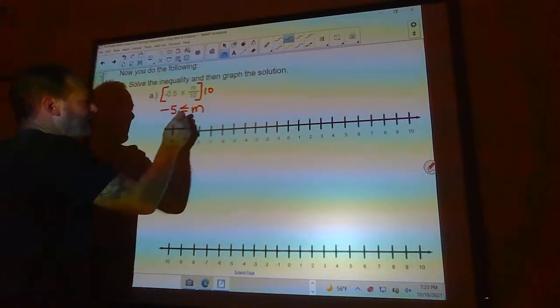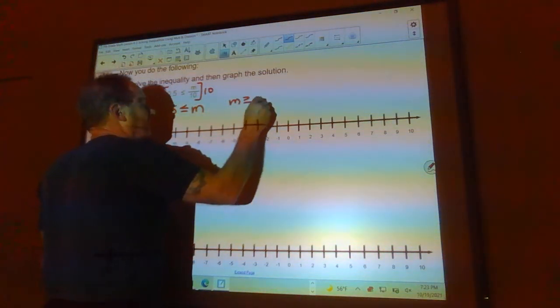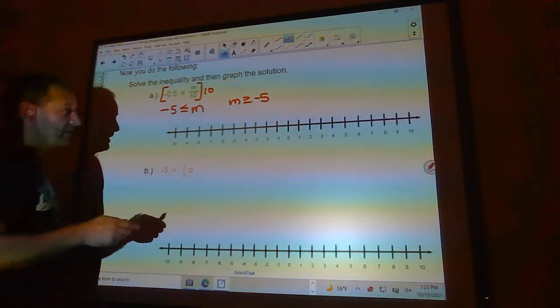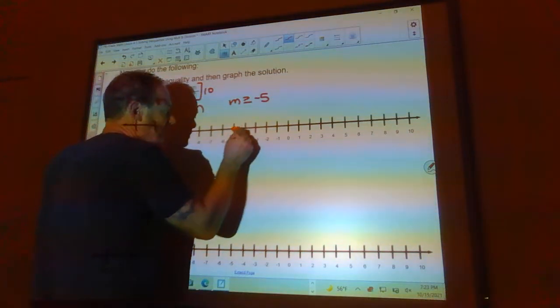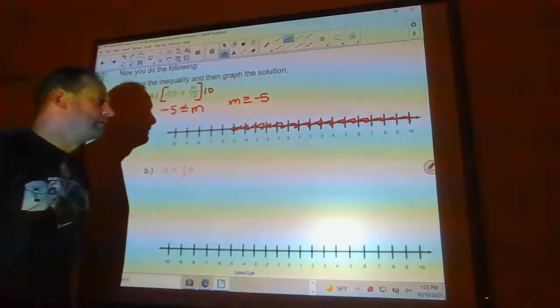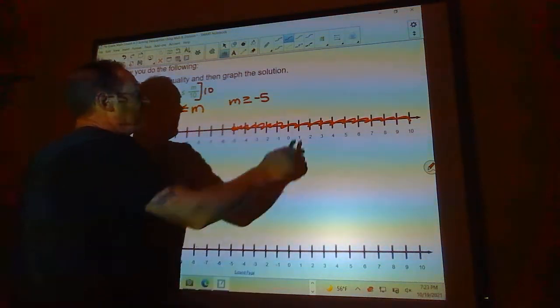Now, again, I don't like to have it doing this because I make mistakes, so I'm going to switch this around. The m is greater, so it's going to go here. It's going to be a closed dot because it's equal to. And I'm going to shade the greater than sign. So that's what you should have got for that one. Okay, this next one here.